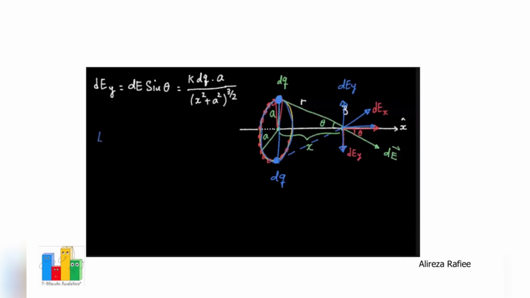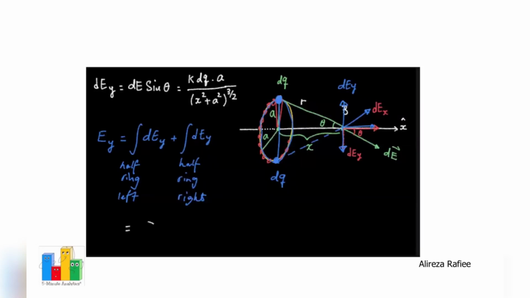So when you calculate the y component, it will be two parts: dEy for the half ring on the left, plus the dEy for the half ring on the right side. And these two values are exactly the same, except they're in exactly the opposite direction, with one negative sign.